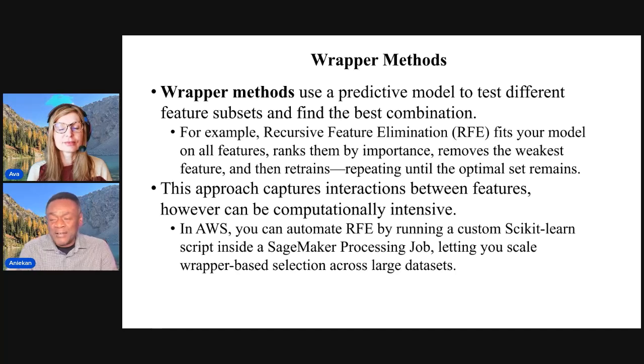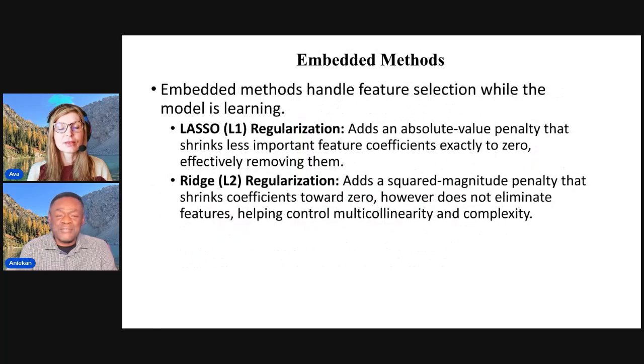And then we have the embedded method. Yes, we have the embedded method. And this folds feature selection directly into the model training process. And we can talk about, first one, the Lasso method, or the Lasso L1 regularization method.